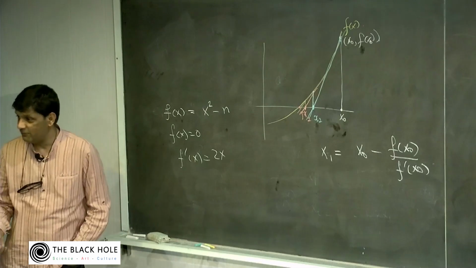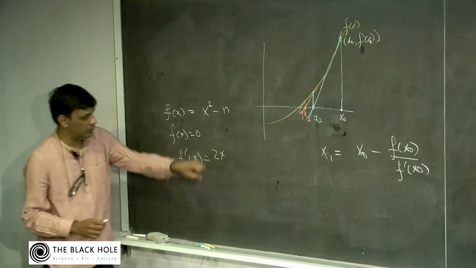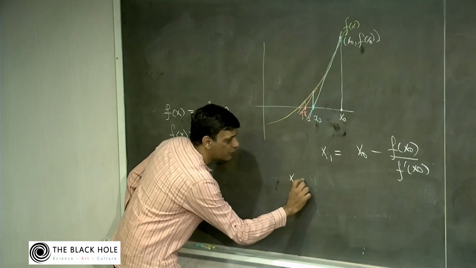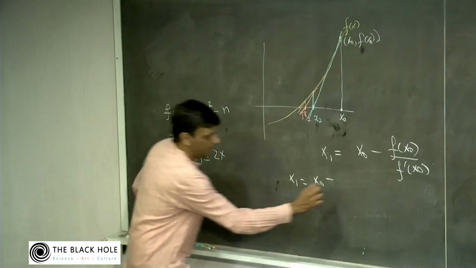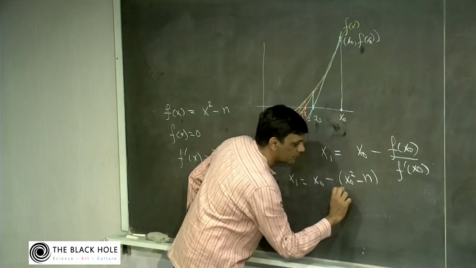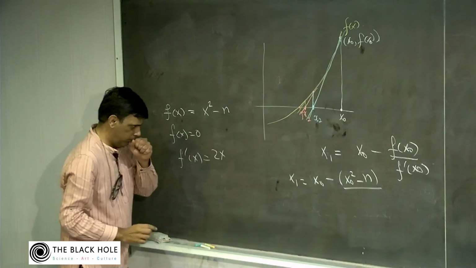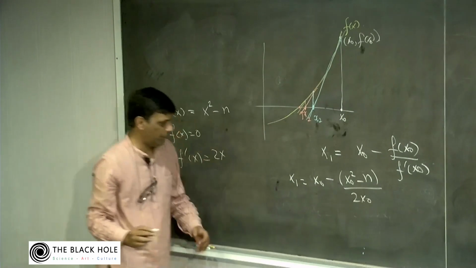If not, just believe me. Okay. All right, and now let's do this. x1 is going to be x0 minus x0 squared minus n over 2x0. Okay?